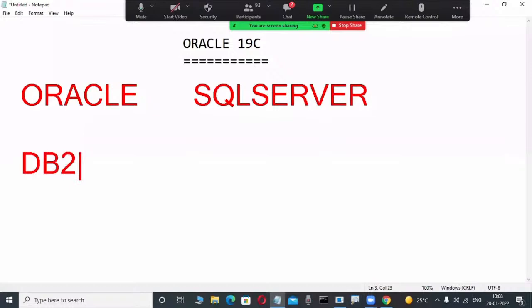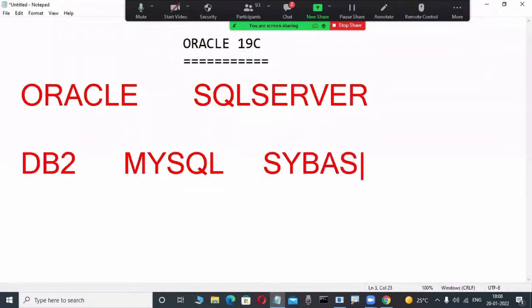DB2 is a database product from the IBM company. MySQL is an open source database product, but nowadays Oracle Corporation has purchased it. Sybase is a database product from Ingres Corporation.